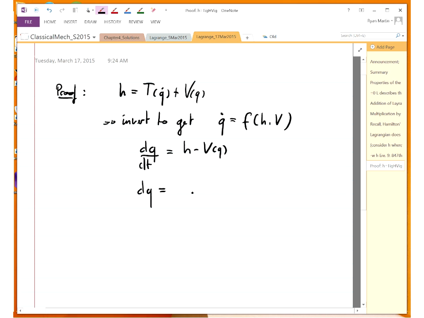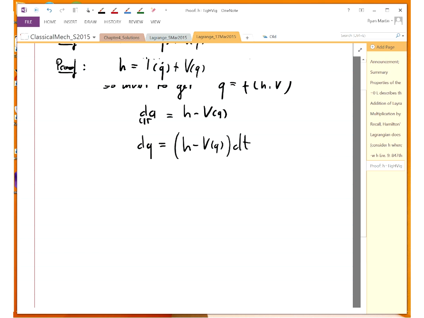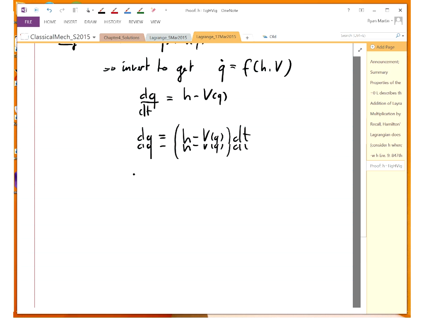So that means that dq equals h minus v of q dt, the separable differential equation, or the integral of dq over h minus v of q is equal to t.